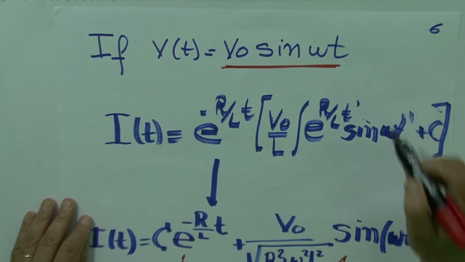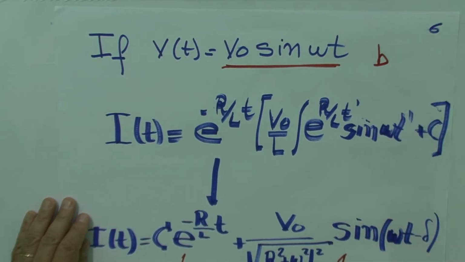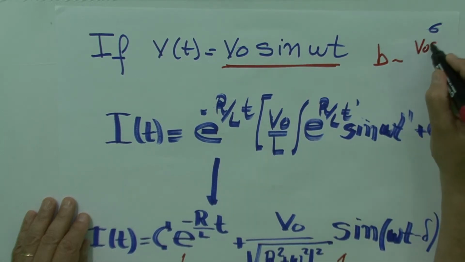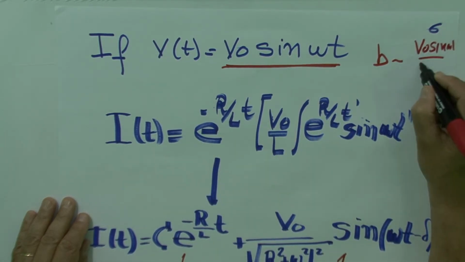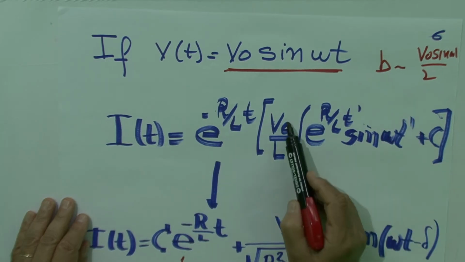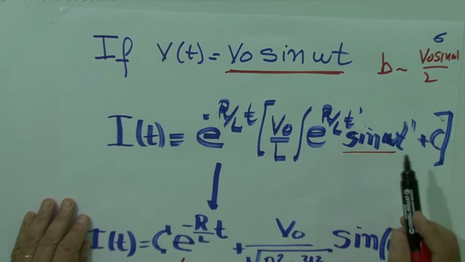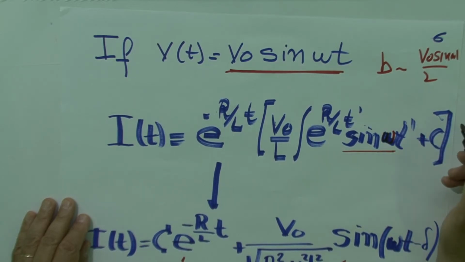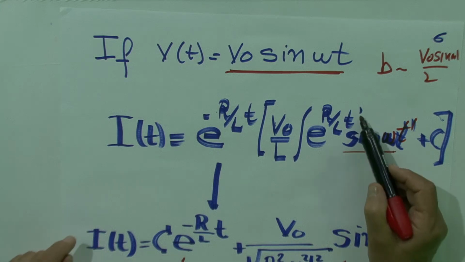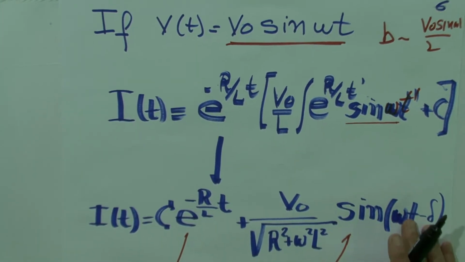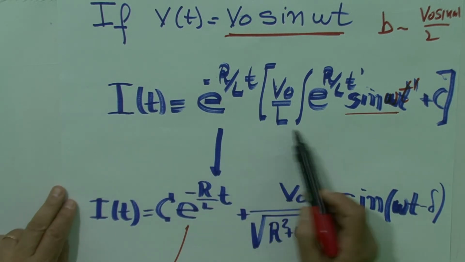Therefore, my B of t, generic, is a function that is V0 sine of omega t divided by L. So V0 still comes out, but now I have the sine of omega t. This is omega, right? And I'm going to integrate. Normally the integration I put as t prime, but it's the same t. If you know what you're doing, there is no problem. And then I just do this integration.